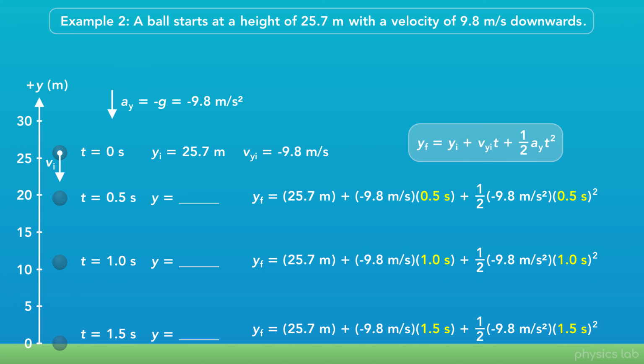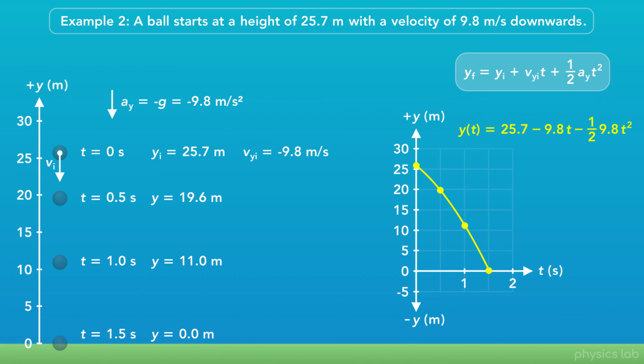We can find the y position at each time point using the same equation as before. But this time, we have a value for the initial velocity. At 0.5 seconds, the y position is 19.6 meters. At 1 second, it's 11 meters. And at 1.5 seconds, it's 0 meters, which is when the ball hits the ground.